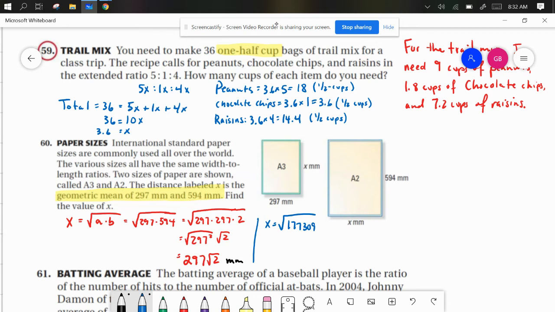And then if you use the calculator to find the square root, you could see that x is approximately 421 millimeters. Okay. So these two numbers are approximately the same. If you would have multiplied 297 times the square root of 2, you get approximately the same number.